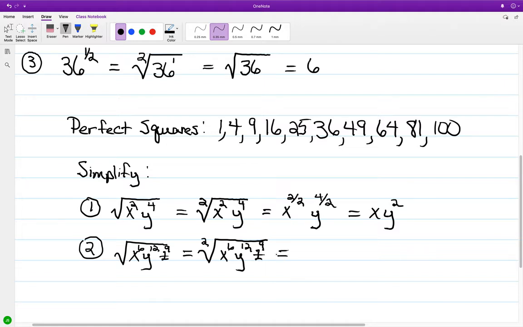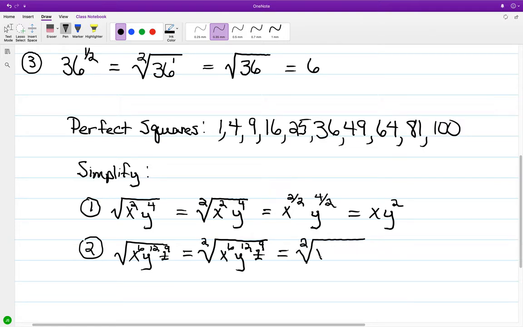Again, still working with square roots. If you notice, 6 is an even number, 12 is an even number, however 9 is not. Let's do a bit of factoring.